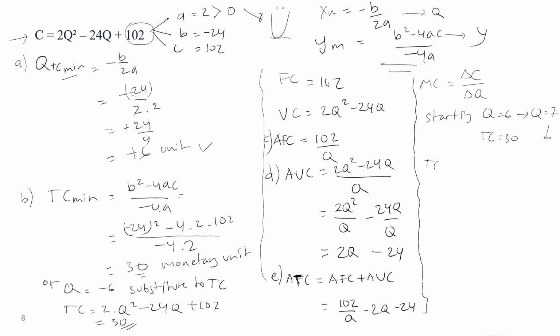So what is TC when q is 7? 2 times 7 quadrat minus 24 times 7 plus 102. So that will give you, wait, it is 144, yeah. Sorry, it is 32.